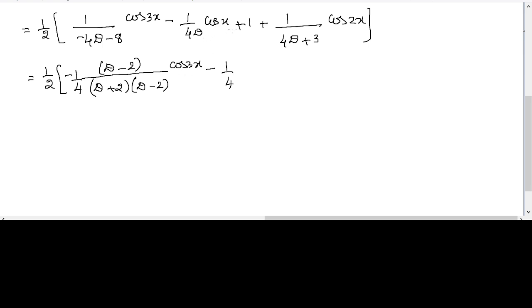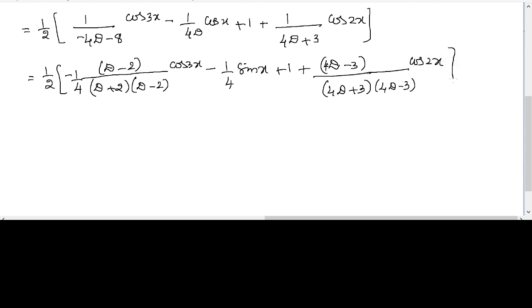What is that integral of cos x? That is sin x. So plus 1 as it is, plus, and here also we need to multiply and divide it by the conjugate of the denominator, that is 4d minus 3 divided by 4d plus 3 into 4d minus 3, of cos 2x.